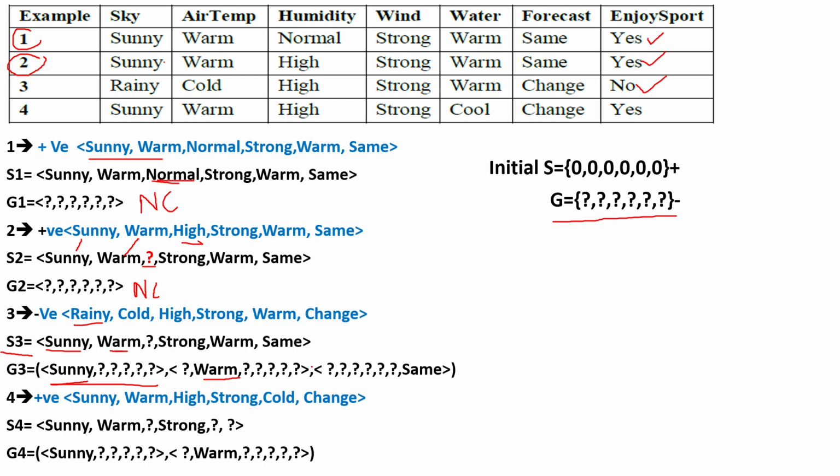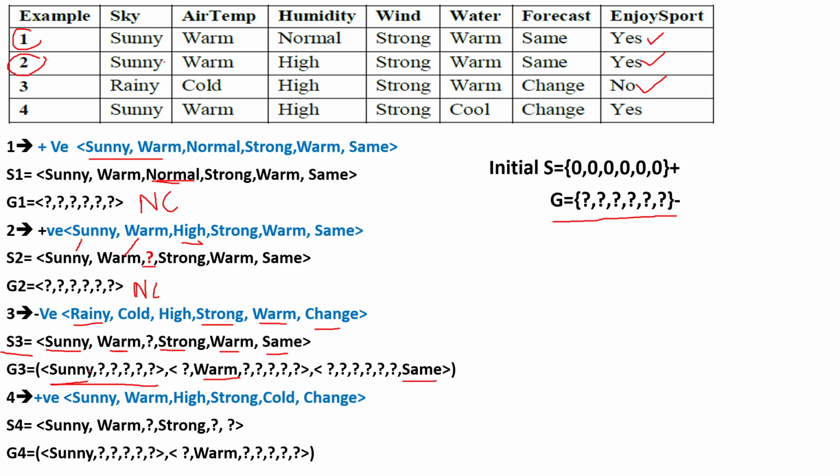Then strong, strong, no change, you can put a question mark or you can ignore it. Then the fourth parameter, warm to warm remains the same, no need to have that entry, you can ignore it. Same changed to change, so here you have to make one entry.